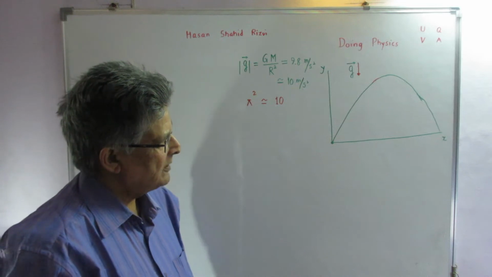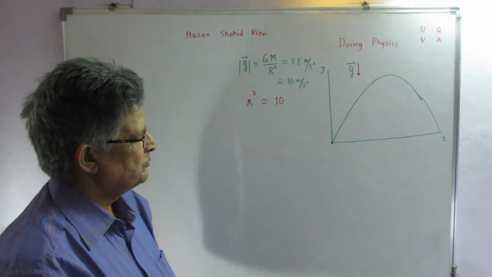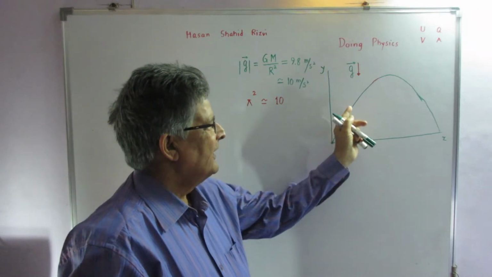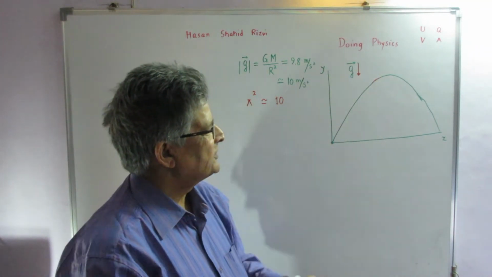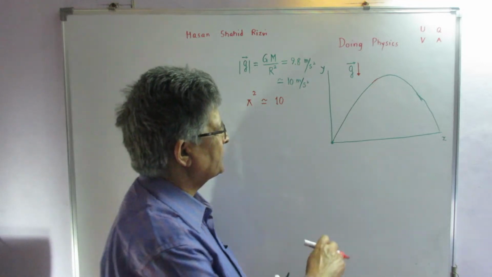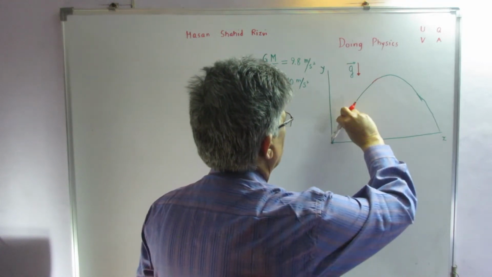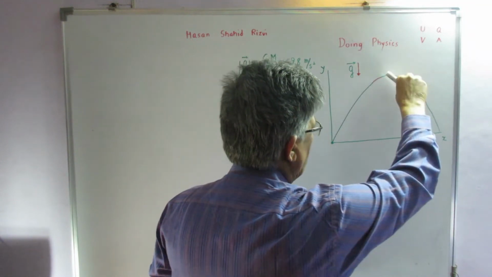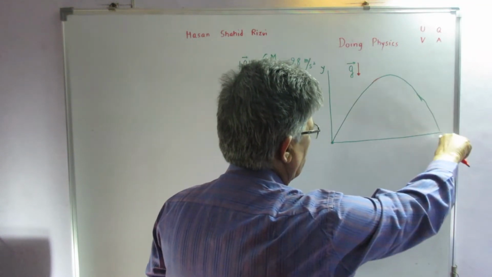Now I have made the projection. I have told you that this is the trajectory. On the trajectory, the slope becomes smaller and smaller, then it flattens out over here, and the descending motion appears to be like this.